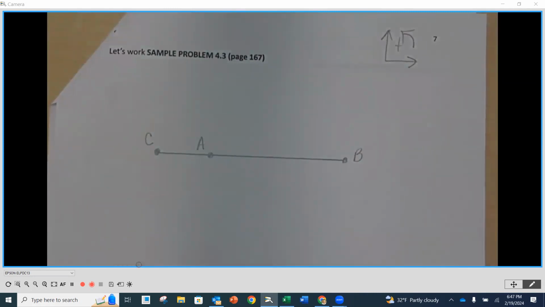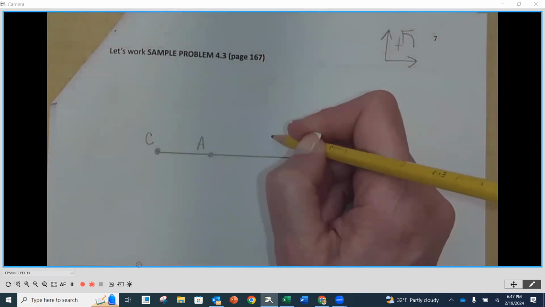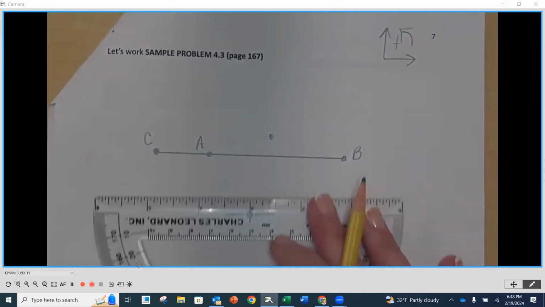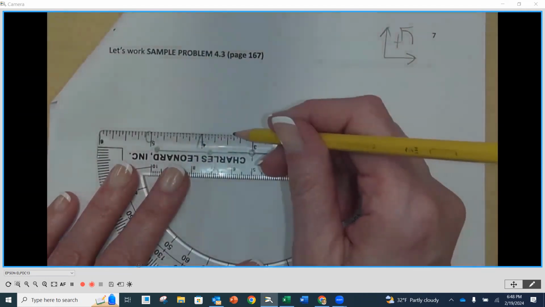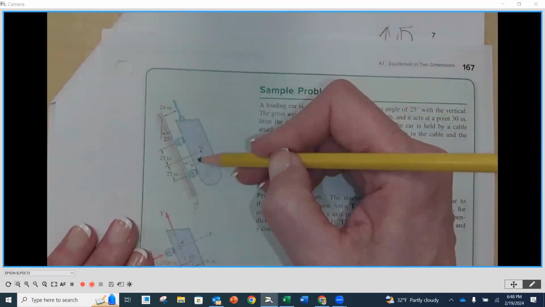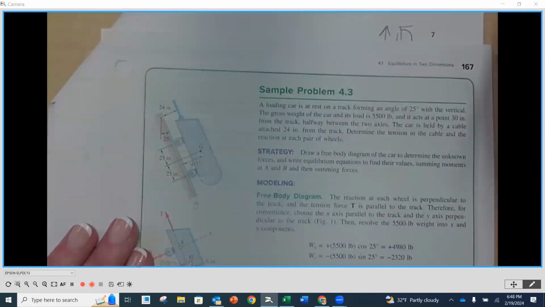And then our G is going to be between here, but it's going to be 6 inches up, because remember, from the surface it's 24 to our tension in the cable, which is right here, and then 30 up to the center of gravity. Now I'm going to draw a line through here to represent horizontal. As we remember, our weight of 5,500 is going to be through the center of gravity.